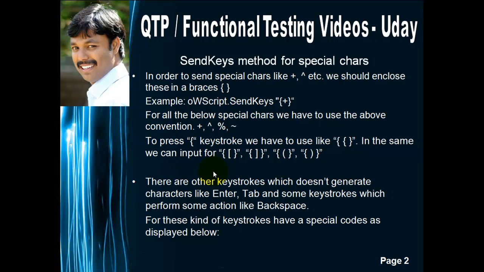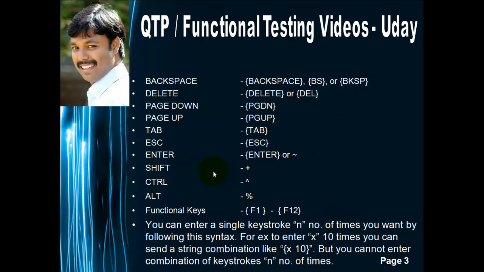There are some other keys which will perform some action. For example, say you have set some text and you want to delete the last character. For that you have to use the backspace button, right? Those kinds of combinations we can set using the SendKeys method. So let me show you.